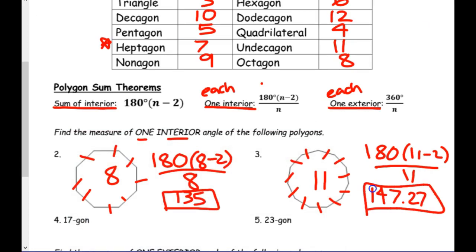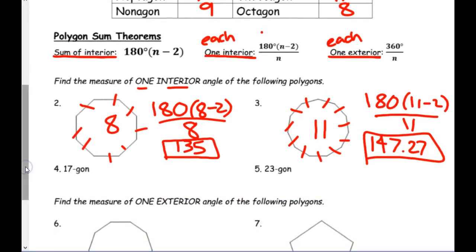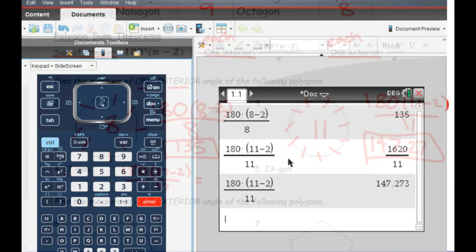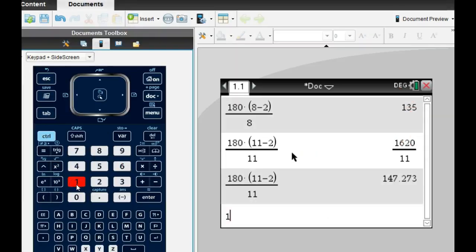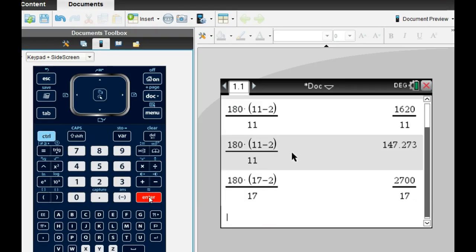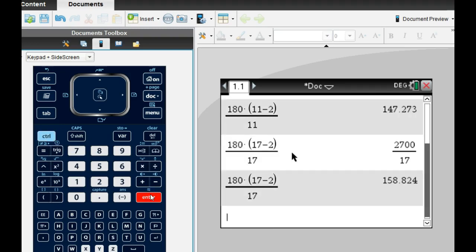Don't miss out on number 4 and 5. They're kind of small, but they tell you the n, the number of sides right there. So again, it's 180 times 17 minus 2 over 17. We get, Control Enter, 158.82.